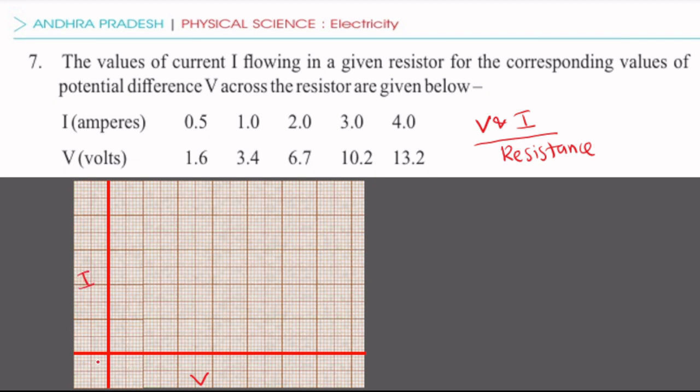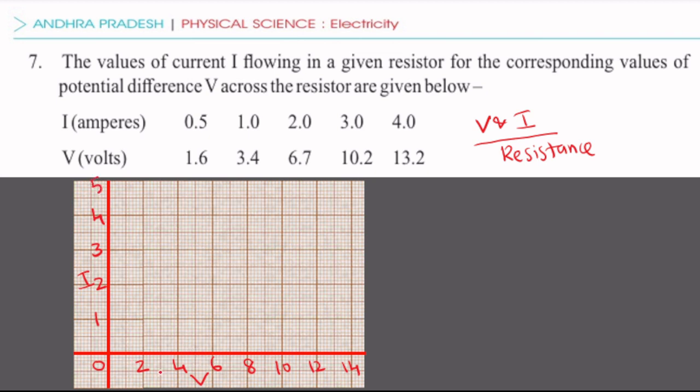Now this is the origin. Now for voltage values, I will take 2 volts, 4, 6, 8, 10, 12, 14, and current values are taken on the y-axis, that is 1 ampere, 2, 3, 4, 5.